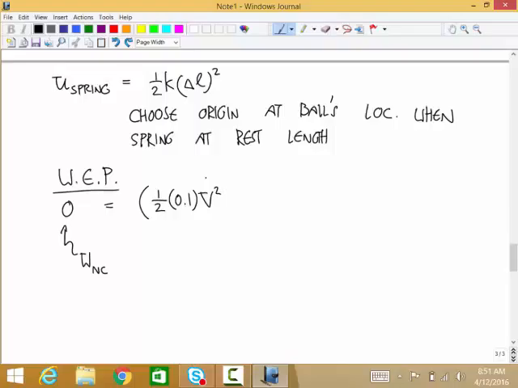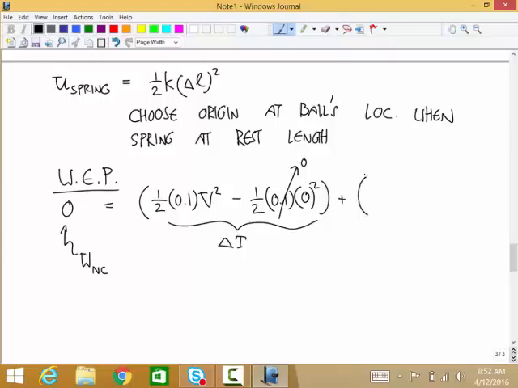When the spring is compressed 0.05 meters, before it's released, the speed is equal to 0. So the kinetic energy is 1/2 times 0.1 times 0 squared, and that's equal to 0. So that's the change in kinetic energy. The change in potential energy is 1/2 times 300.